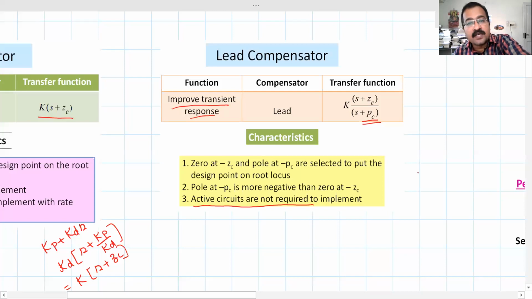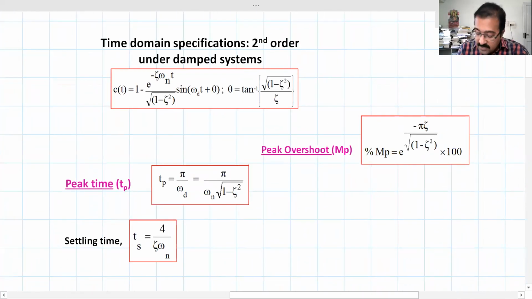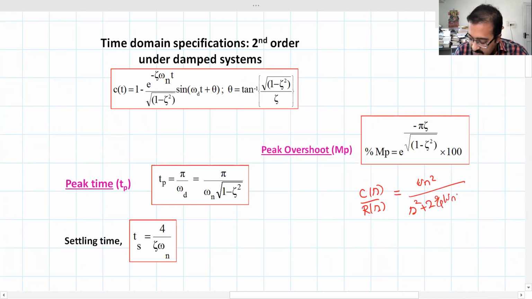Now, before we proceed further, just a brief recap of second order systems. We have taken a second order system, C of S by R of S, as omega n square divided by S square plus 2 zeta omega n S plus omega n square. This was the standard type 0 underdamped second order system. Where were the pole locations?